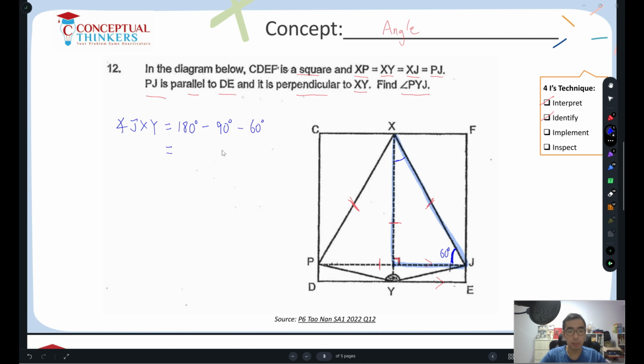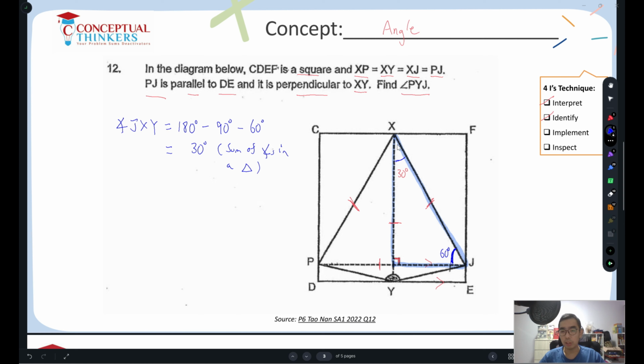This is 90 minus, so we'll get 30 degree. I'm using sum of angles in a triangle. It's a good practice to write down the reasoning. If you are not writing it down for primary school level, PSLE is okay. But at higher levels in secondary school, it's actually a requirement to write down the reasoning. I'm going to use another color to put in the information that I've calculated. So this is 30 degree.